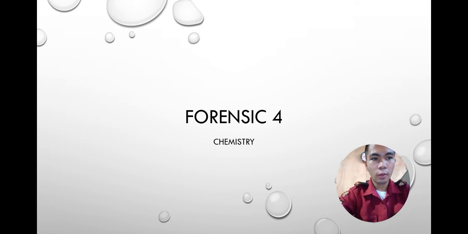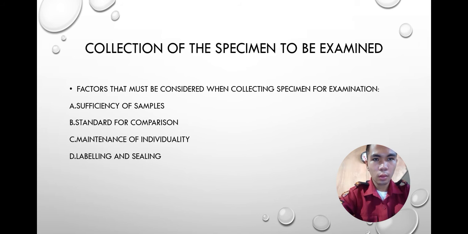The first topic that I have to discuss is the collection of specimen to be examined. The proper collection, preservation, and transportation of specimens are essential in the investigation of a crime.